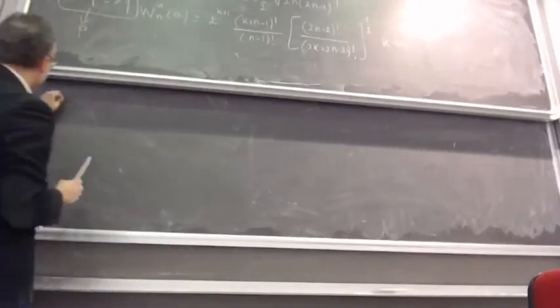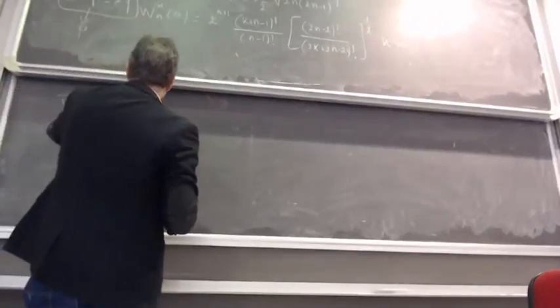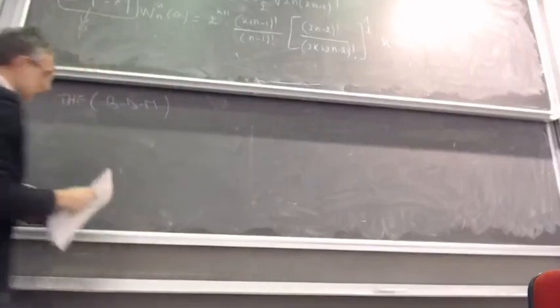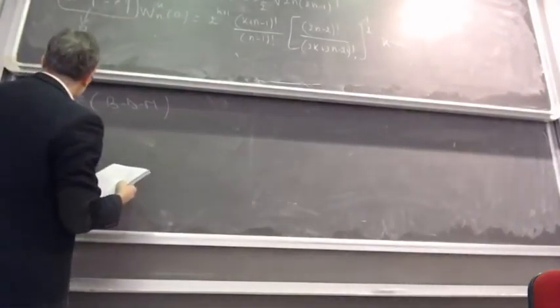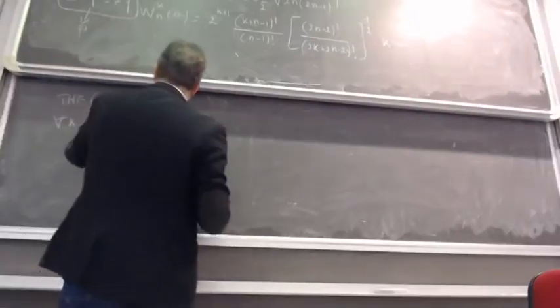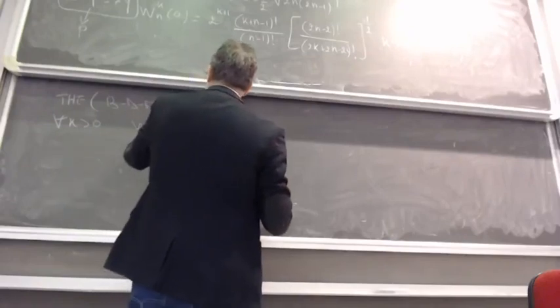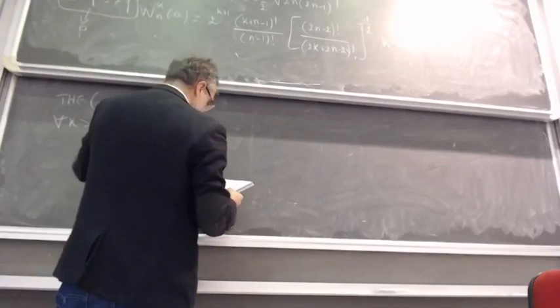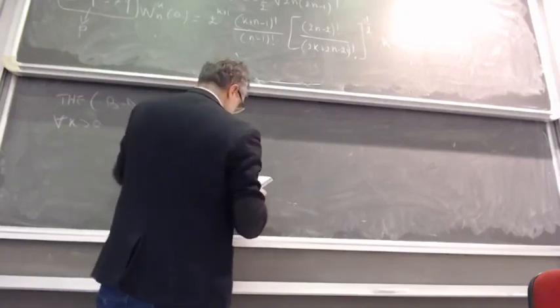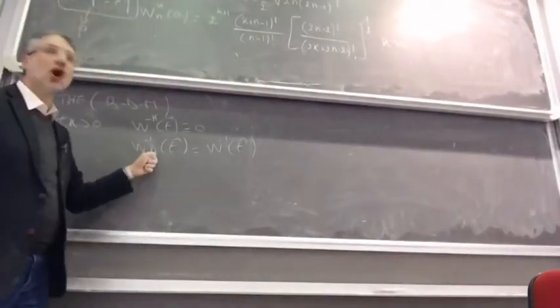So we can prove the following theorem. This is also in our paper, and you assume that for all k positive, W^{-k}(t) is identically equal to 0, and W^{-1}_n is not identically equal to 0, but does not depend on n.